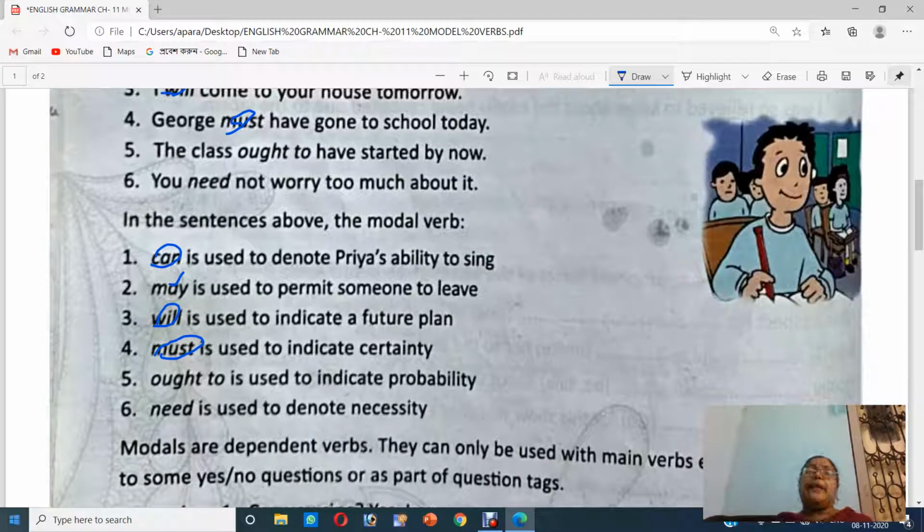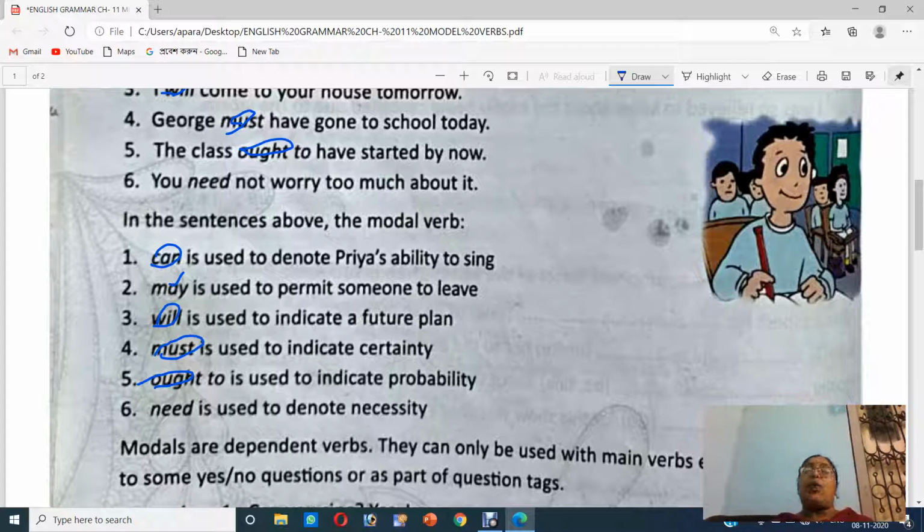Now the next, number 5. The class ought to have started by now. Now, what does the word ought, which is a modal verb here, tell us? Just see here, ought is used to indicate probability. Most probably the class has started by now. Now number 6.